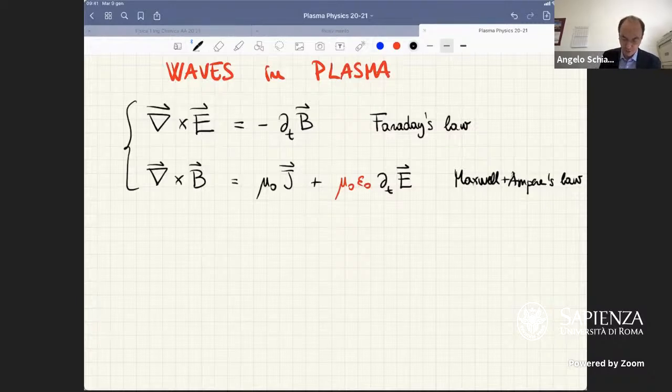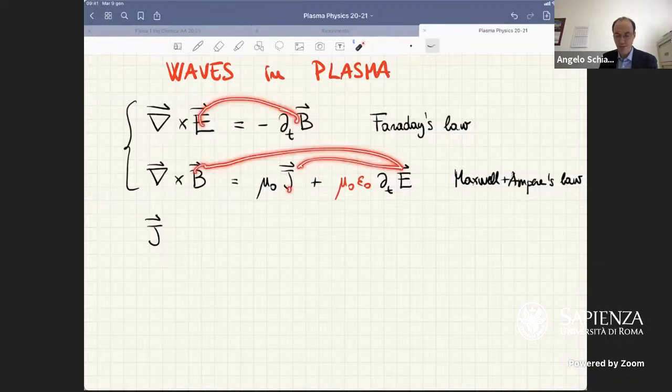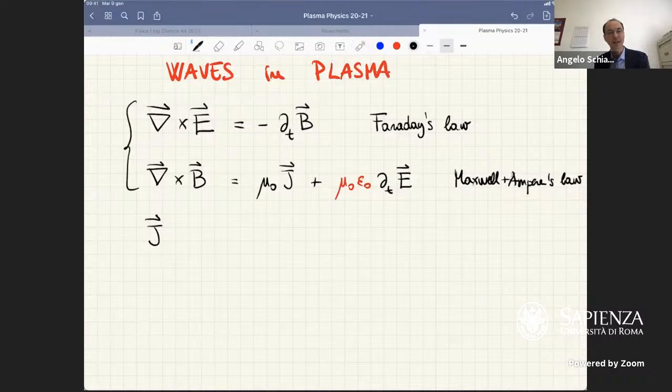We can use it to close this set of equations, because curl of E is determined by B, and curl of B is determined by E and J as well. So we need something that links J to the other two players in our system of equations, and we use the microscopic Ohm's law.